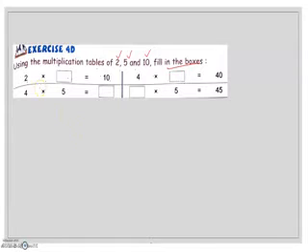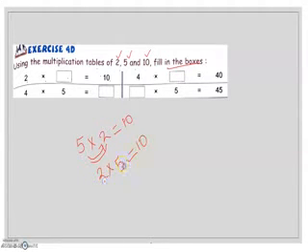In that, 5 into 2 is equal to 10, which is the same as 2 into 5. Even if we change the position of numbers, the answer will be the same. First 2 is written, in second 5 is written, but the answer will be the same.